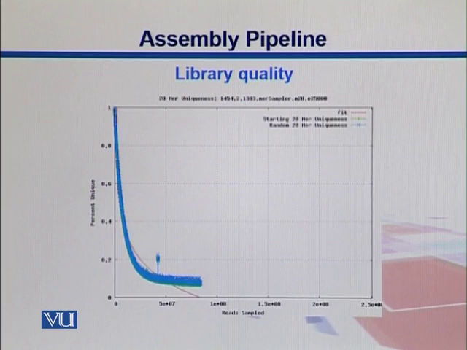Here we see the library quality, how good our library preps were. There is another metric, which we call 20-mer uniqueness. We take those reads and look into small segments of 20 nucleotides, and we look at how many of these 20-mers are unique.